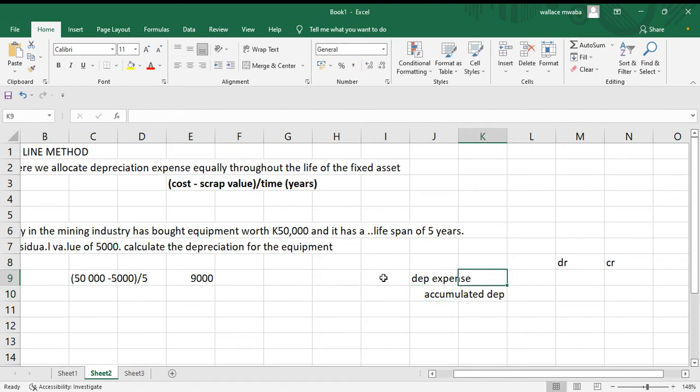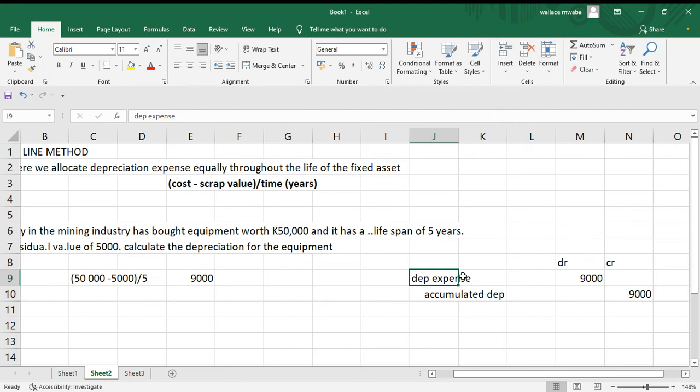That's the journal entry. So the expense is 9,000. So debit 9,000 to the depreciation expense, and then we'll credit accumulated depreciation 9,000. In other books, you're going to see they debit the profit or loss account, right?